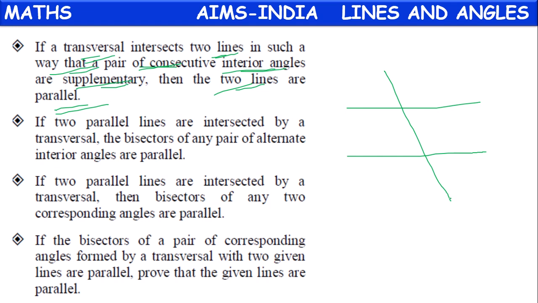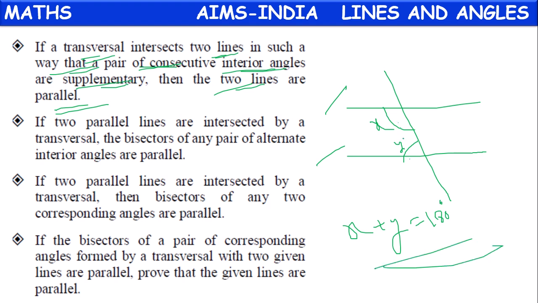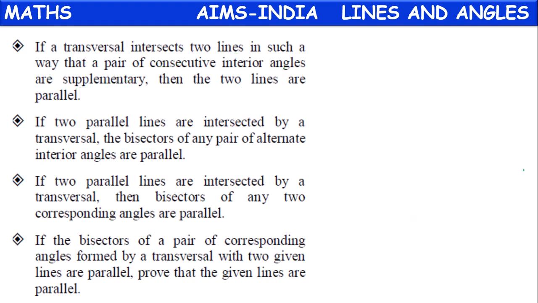This is the transversal. These are the interior angles x and y. How can we check whether they are parallel? If x plus y equal to 180, that is, if consecutive interior angles are supplementary, then the two lines are said to be parallel.